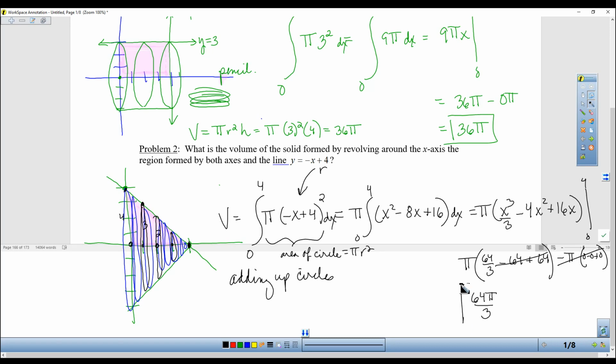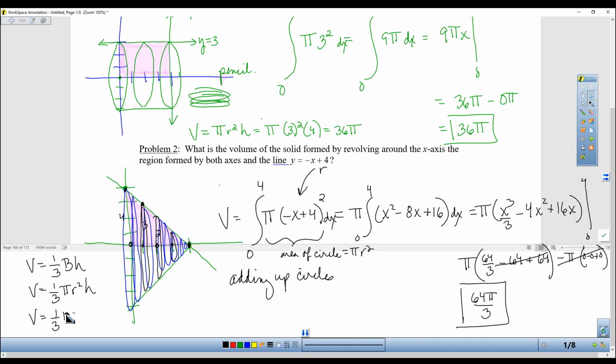So I can check that because I know that the volume of a cone is 1/3 area of the base times the height. So the area of the base is pi r squared h.